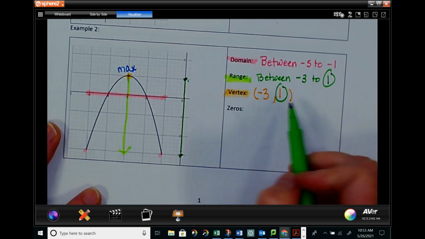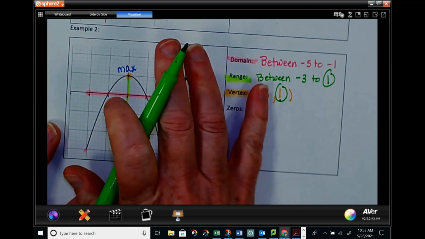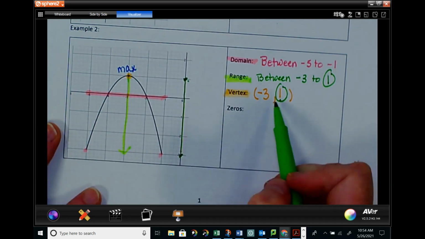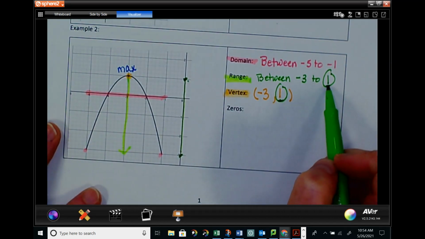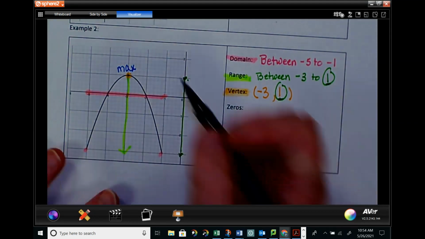That is not a mistake. That will always happen. This vertex was -3, so don't worry about the -3 and -3 being the same. But this one and that one are not a mistake.